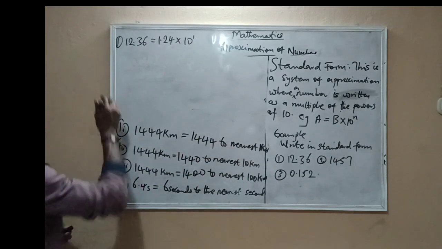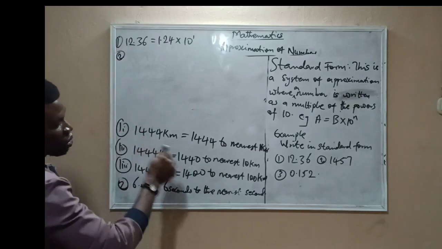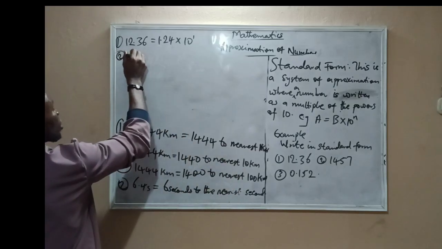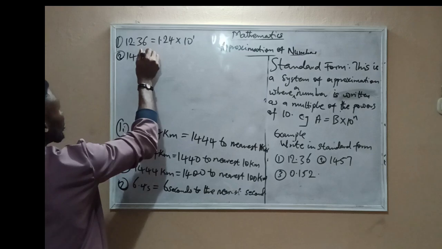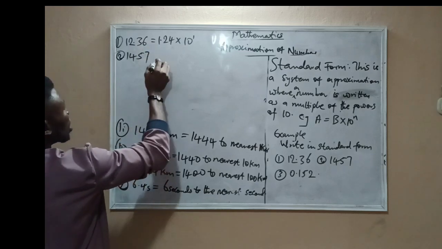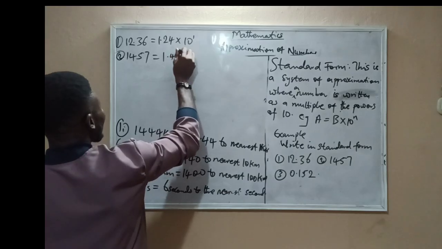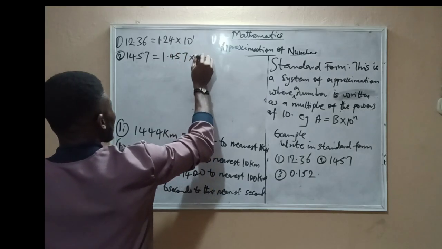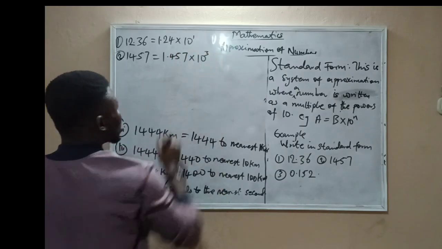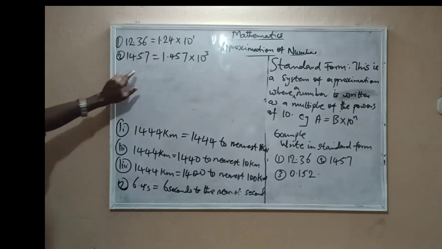Now the second one, 1457. This is the same thing as 1.457 times 10 raised to the power 3. How?